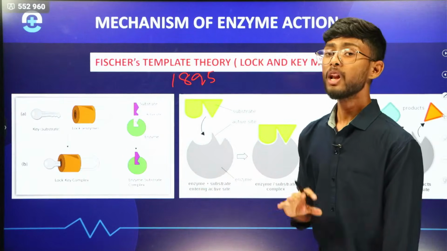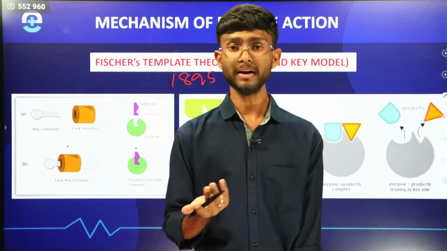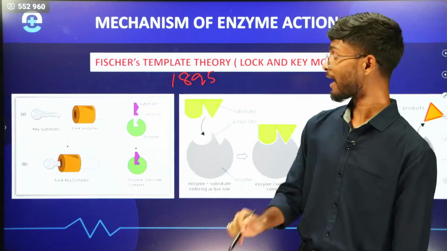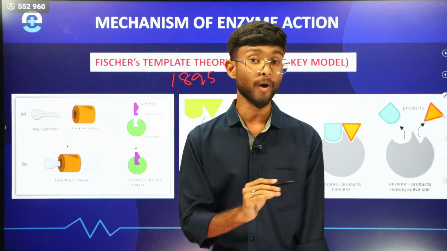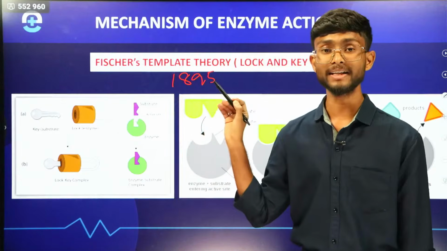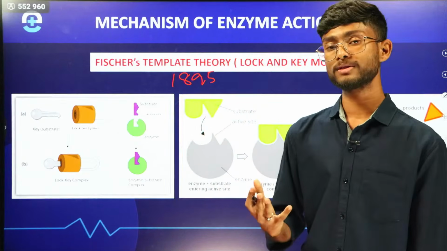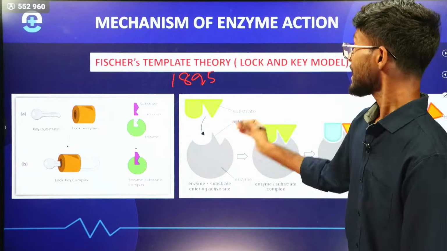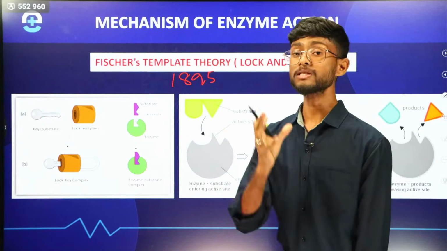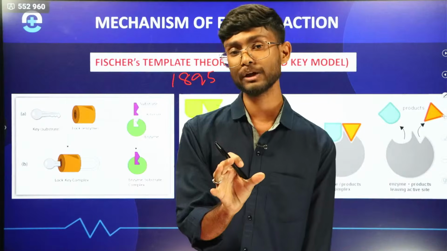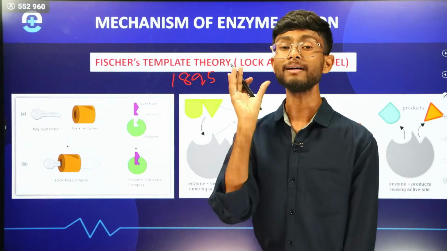We know that lock and key concept, right? For a particular lock, we have a particular key. Likewise, Emil Fisher told that for a particular active site, there will be a particular substrate.